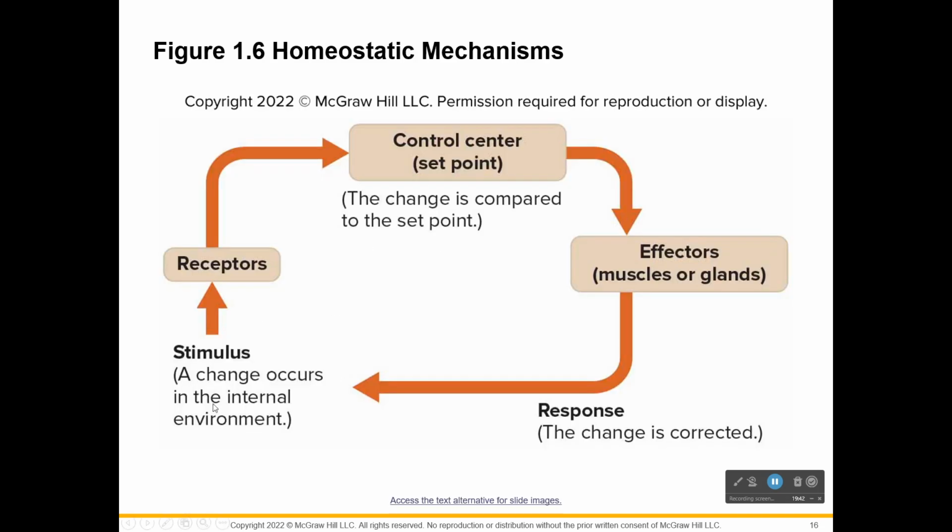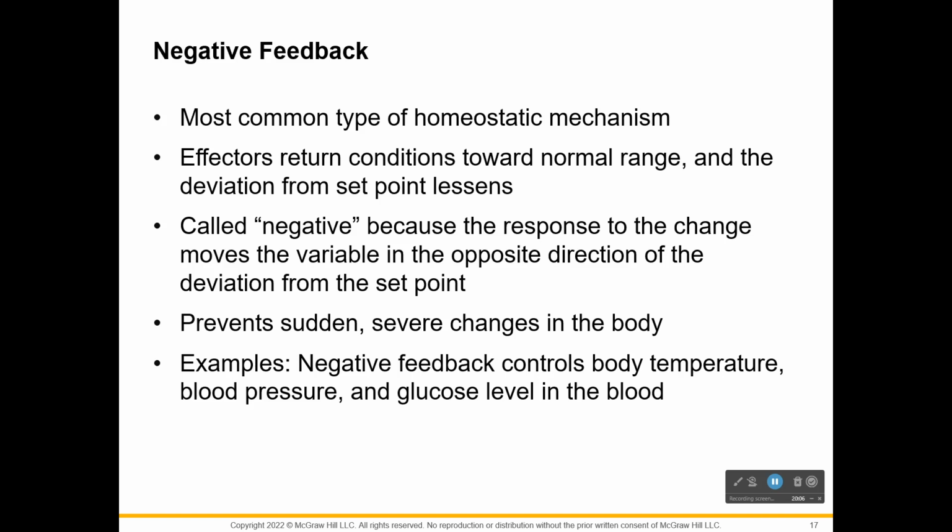So here's some stimulus is received by receptors. The change is determined, how we need to respond. And then the effectors can be either muscles, like if you need to move, or, like I mentioned, glands, to respond to that and correct what is out of whack. Now, most of homeostasis happens by negative feedback. This is the most common mechanism for keeping our internal conditions stable.